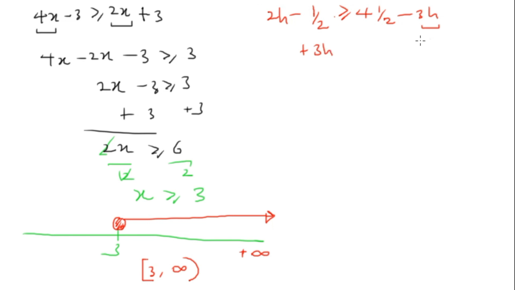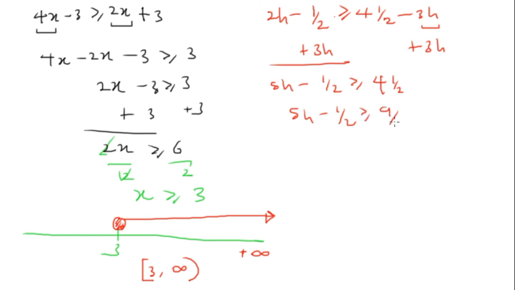If I add 3h to both sides of the inequality, then I'll have 5h minus half less than or equal to 4 and a half. Notice that 4 and a half is the same thing as 9 upon 2, so that I will have 5h minus 1 over 2 is greater than or equal to 9 upon 2, so I will add half to both sides.